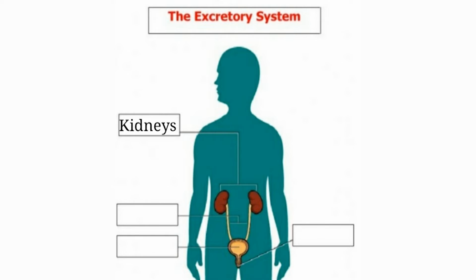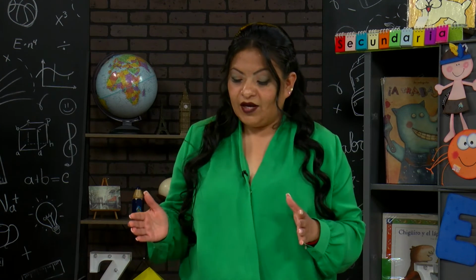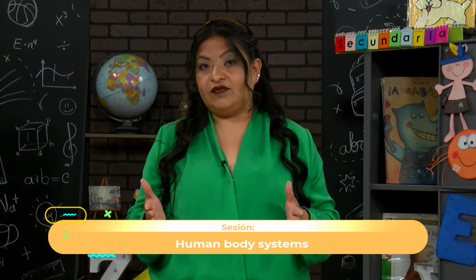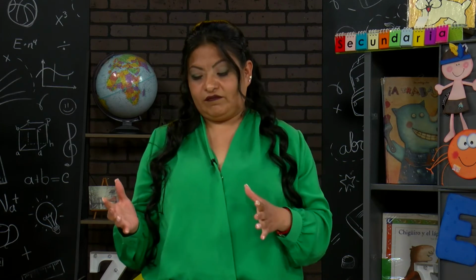Kidneys, ureters, bladder, and urethra, right? This system is important, because we have a good function from this system. We are people with good health, because we have metabolism in the correct form.